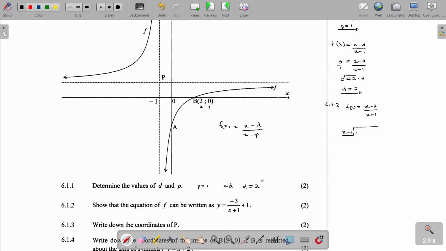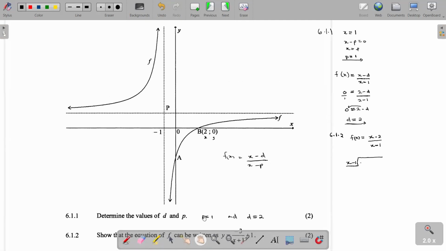Let's quickly check. Seems we made some errors there. Kindly take note here. The equation of the asymptote is given by x is equal to -1, not +1. So there is supposed to be -1.